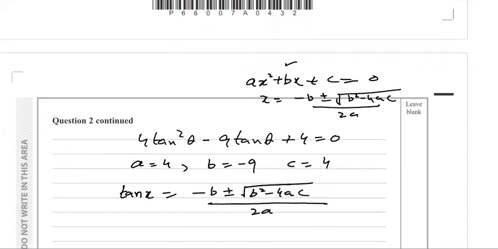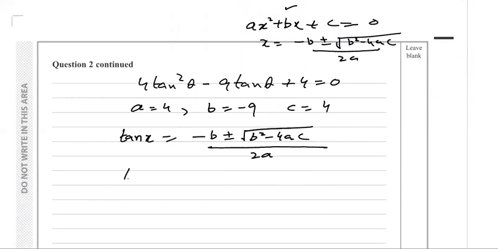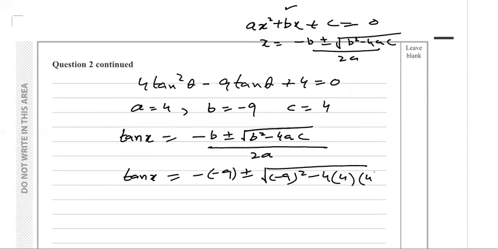Now solve it. So tangent of x will become minus b, which is minus 9, plus minus square root of 9 square minus 4 into a into c, divided by 2 into 4.